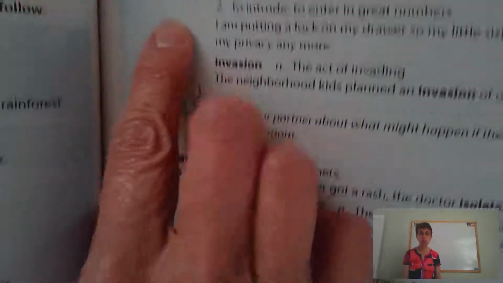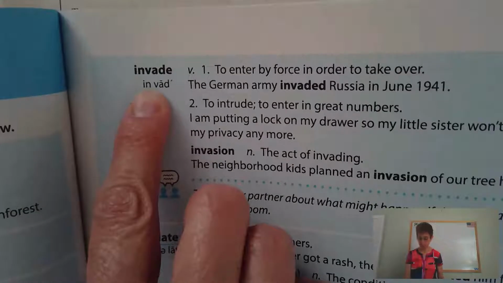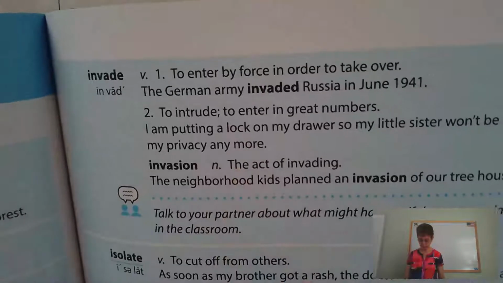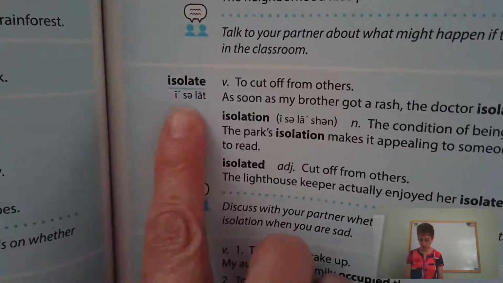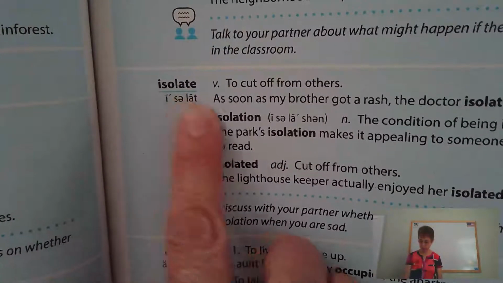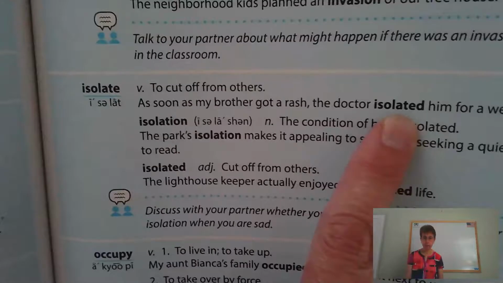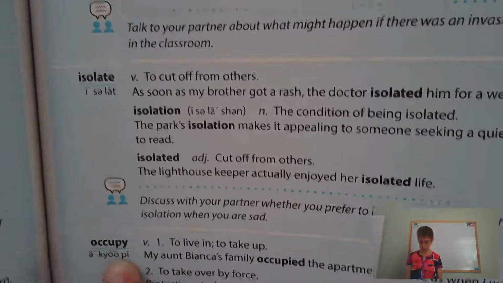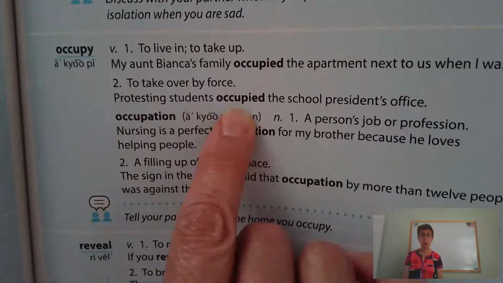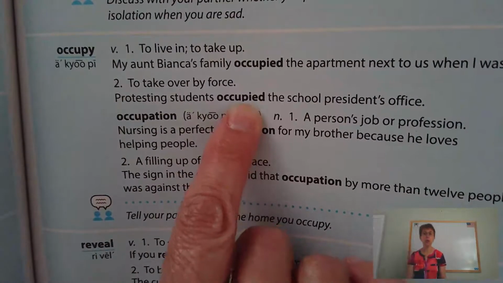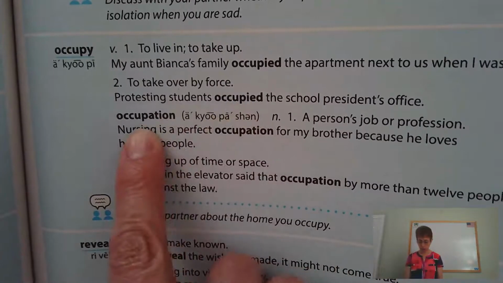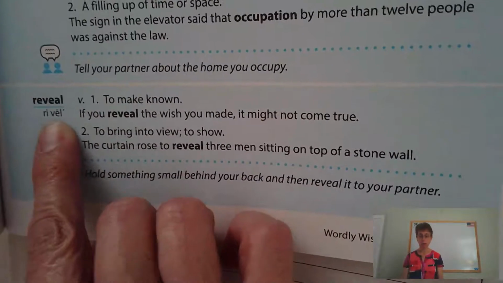Top of the next page, you have invade, invaded, and invasion. You have isolate, isolated, isolation. Occupy, occupied. You see here how you're changing that Y to I and adding the ED. You also have occupation. You have reveal.